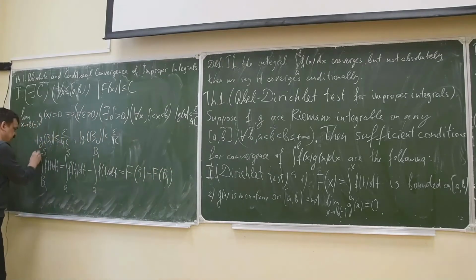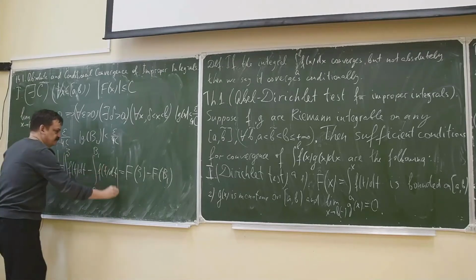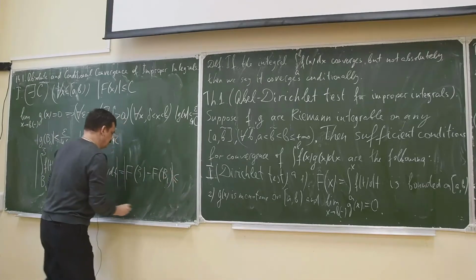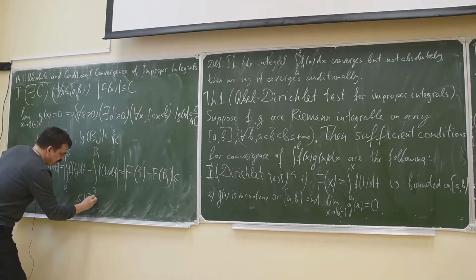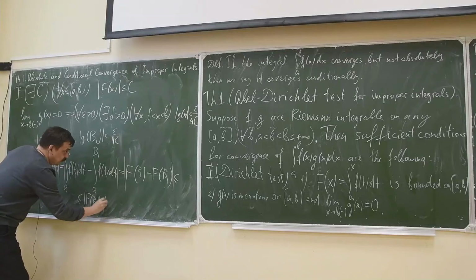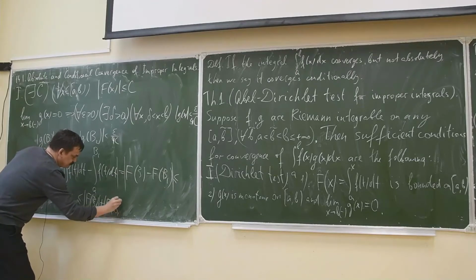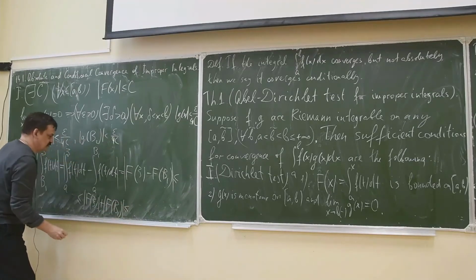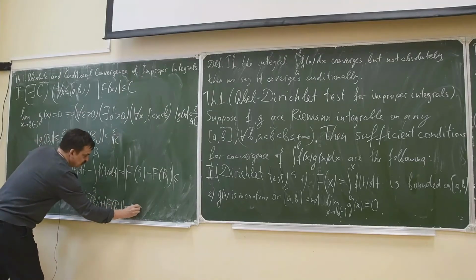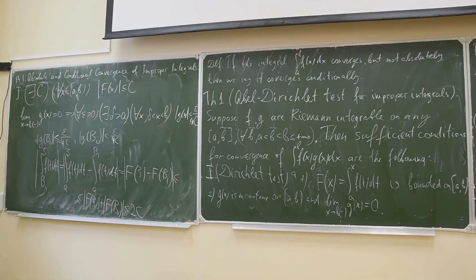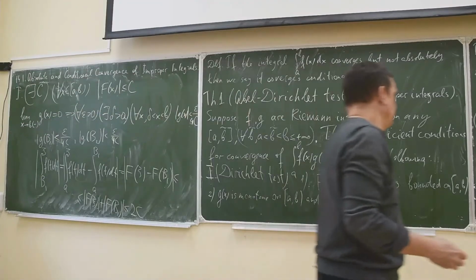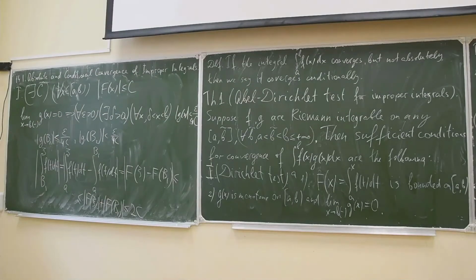So how can I estimate it? I put the modulus. It is less or equal to the modulus of F of Xi plus the modulus of F of B1, which is less or equal to 2C, because values of capital F are bounded by capital C. So then, what does it mean altogether? Go back to our Bonnet formula.